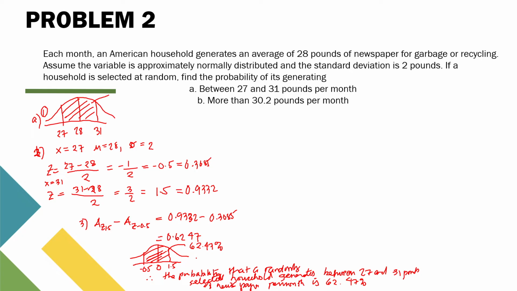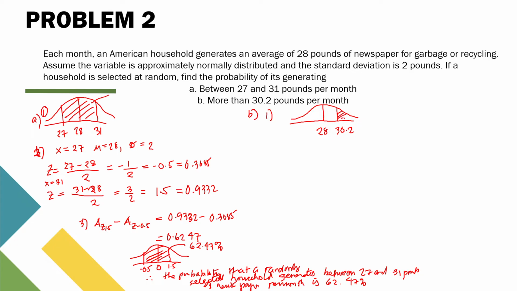So let's proceed with letter B. In solving letter B, it is the same process as what we did with problem number 1. First step, letter B, we need to have the normal distribution, which is 28 and more than 30.2 pounds.